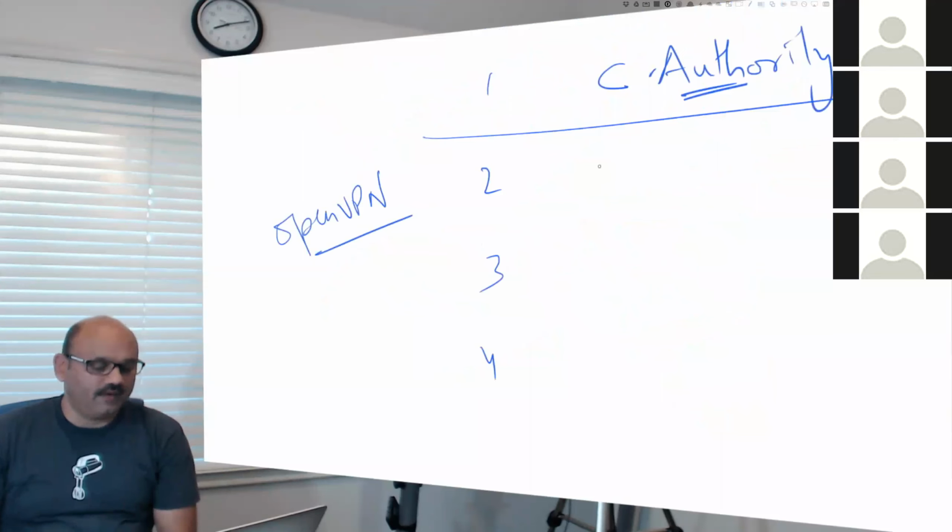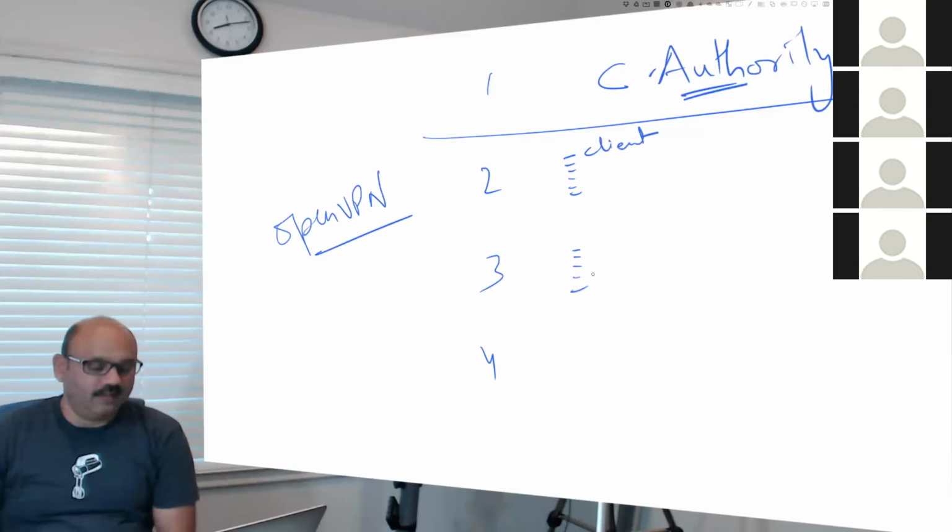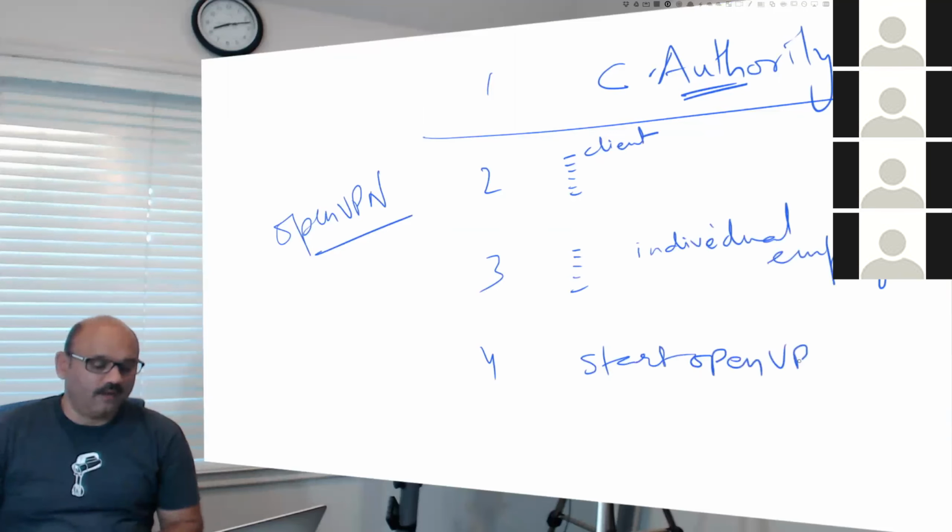The second one is for every employee, we need to have a client in OpenVPN. And then we generate these client-based certificates and then assign them to the individual employee. And then the fourth one is you start OpenVPN.